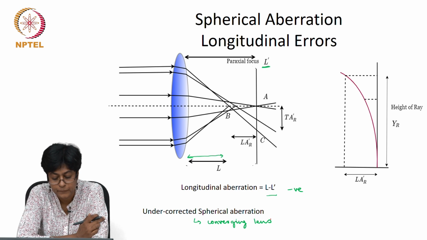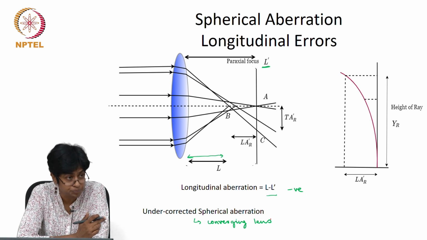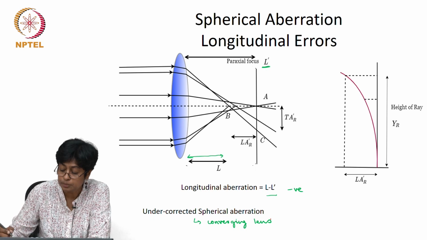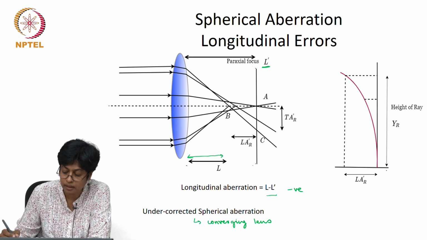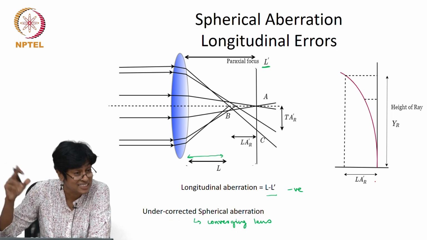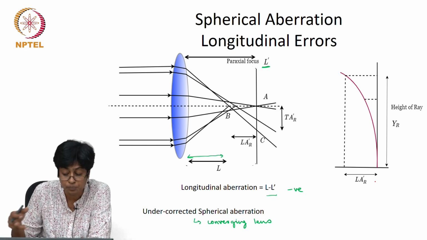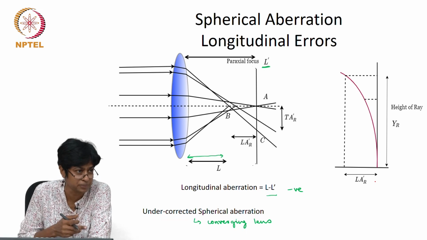Okay. Now the longitudinal aberration is plotted slightly differently. It's not called an RIC curve because the rays are not intercepting the focal plane here. That's why it's not an intercept curve. Here you're measuring some distances along the optical axis.